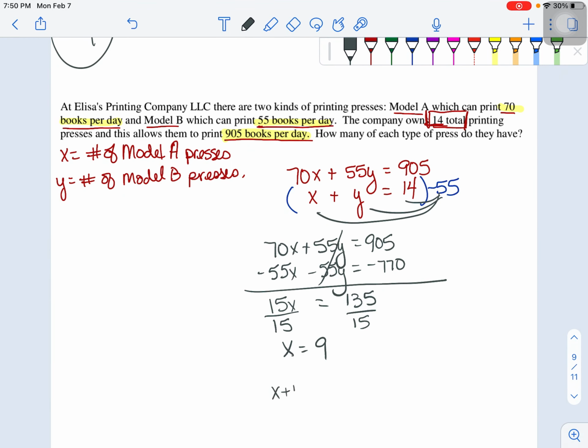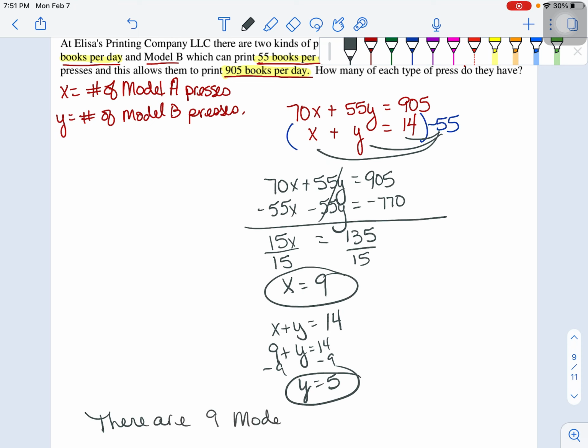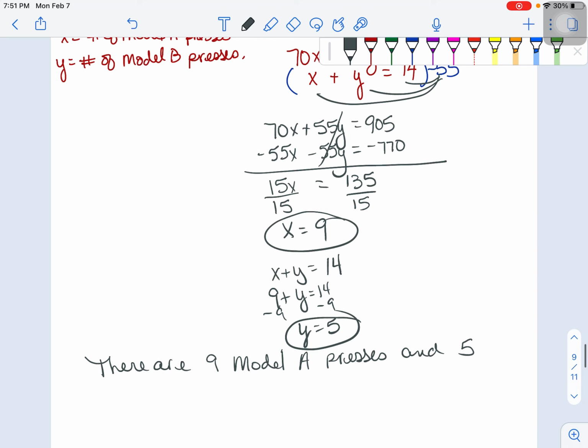So if x plus y equals 14, I can put the 9 in there. 9 plus what equals 14? Well, we got 5. So here are our 2 answers. We can say there are 9 Model A presses and 5 Model B presses.